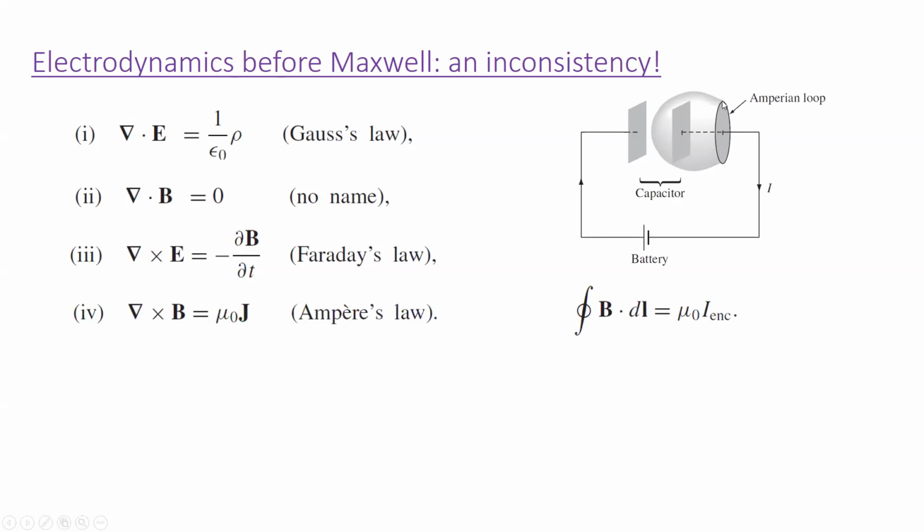So Maxwell imagined that the surface could be this sort of bubble which extends back across into the gap between the plates of the capacitor.